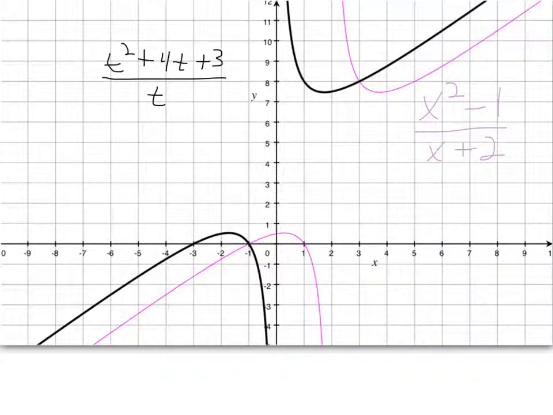And the key is that we went from an x to a t plus 2, and the plus 2 is going to take everything and shift it to the left by 2 units. It's also going to shift our asymptote. Okay, our asymptote was up here at 2. That also gets shifted to the left 2 units. Okay, so this black is our final function in terms of graphing this t.